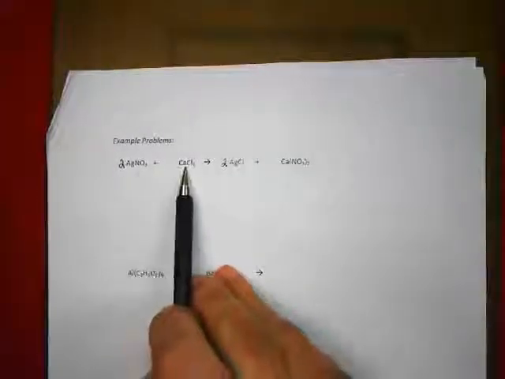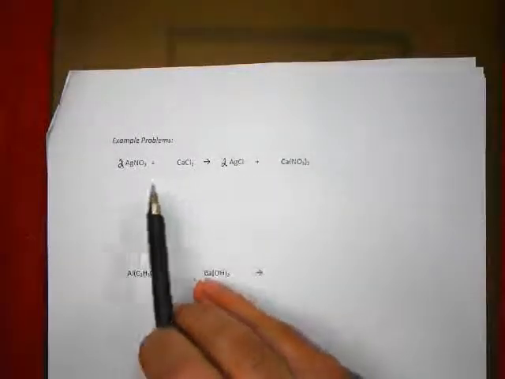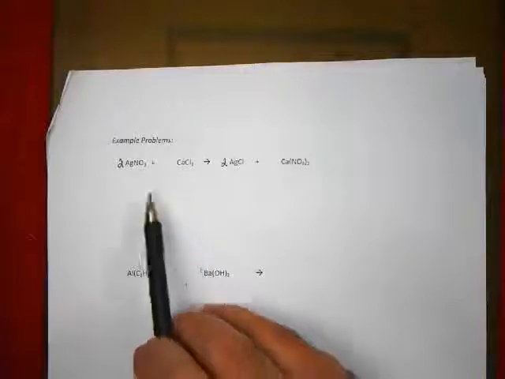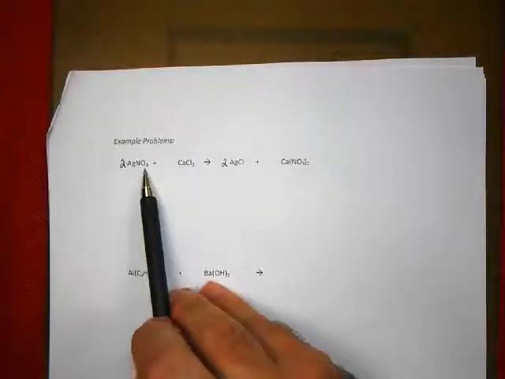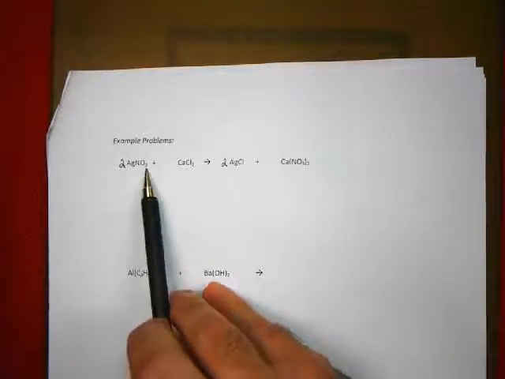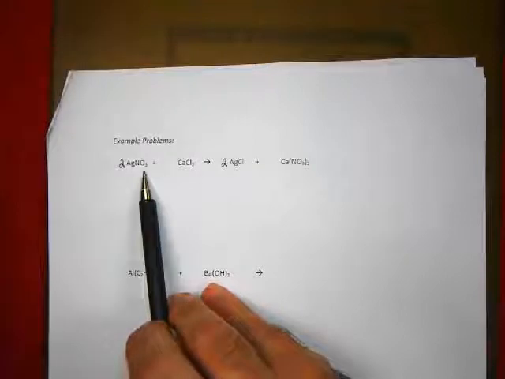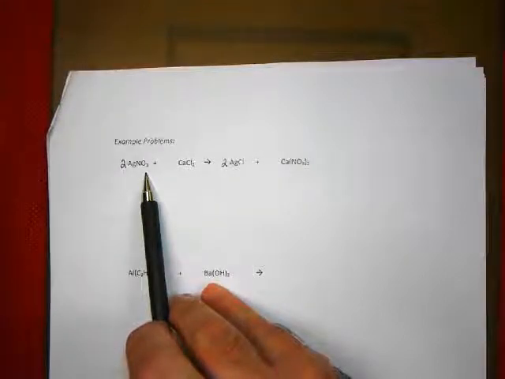So now we have to go through and look at each compound to see whether it is soluble or insoluble, whether it ionizes or does not ionize. So if we look at silver nitrate and we look on our decision tree, we see it's not an acid, it's not a base, but it is a salt. And with this one, it is soluble.